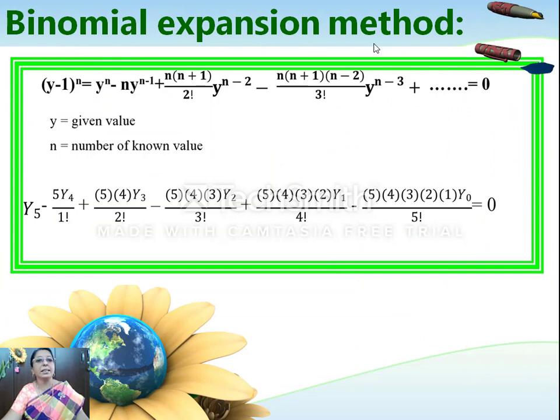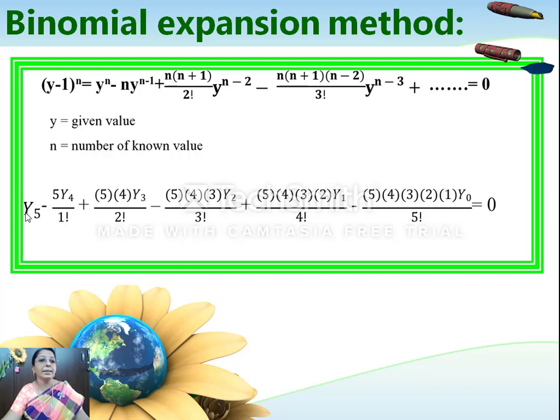Now for the binomial expansion method, we give the formula as follows. A simplified way: for example, if we begin with y5, it is y5 minus 5y4 by 1 factorial plus 5 into 4 y3 by 2 factorial minus 5 into 4 into 3 y2 by 3 factorial plus 5 into 4 into 3 into 2 y1 by 4 factorial minus 5 into 4 into 3 into 2 into 1 y0 by 5 factorial, which is equal to 0.